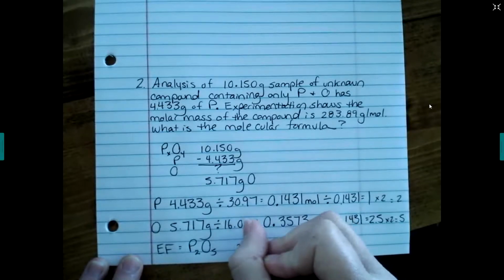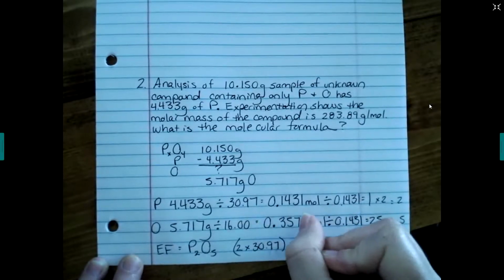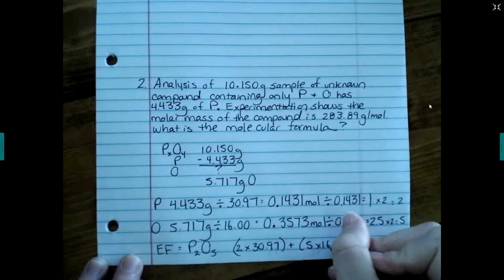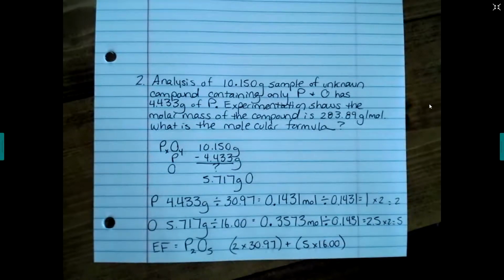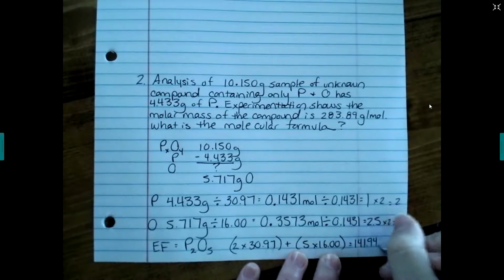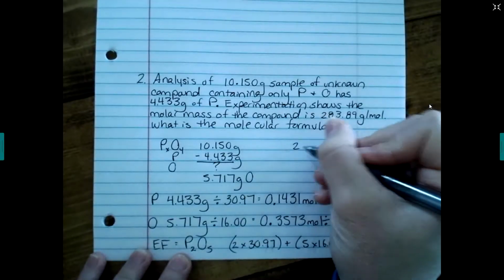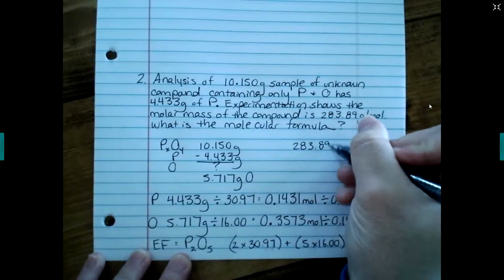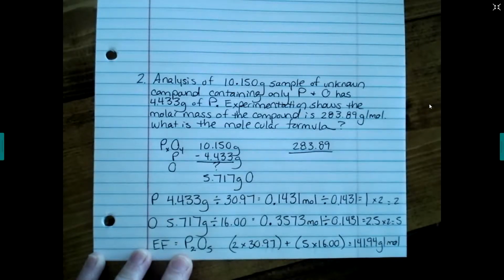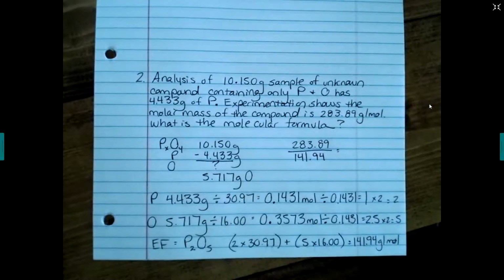Now I need to find the molar mass of that. So 2 times 30.97 plus 5 times 16. Let's see what we get. 141.94 grams per mole. All right, so we're almost done. Now we need to take the molar mass given to us in the problem, 283.89, divide it by the empirical formula mass, 141.94, and let's see what multiple we get.